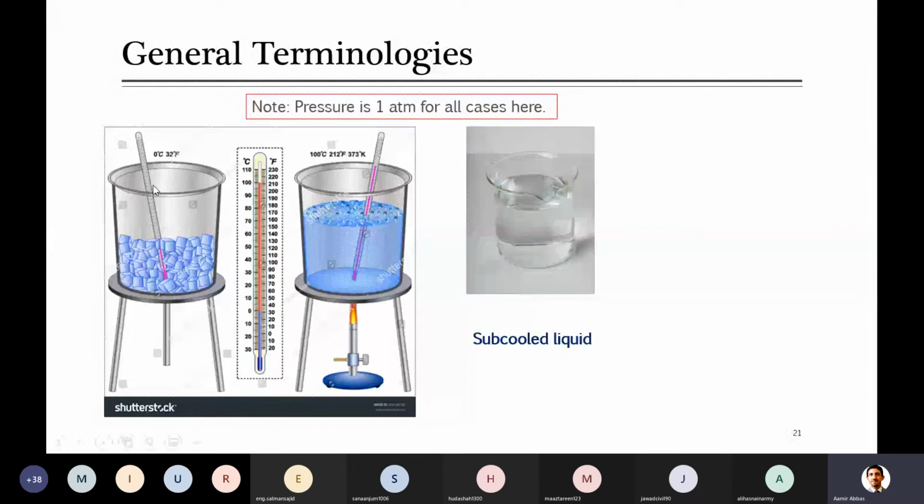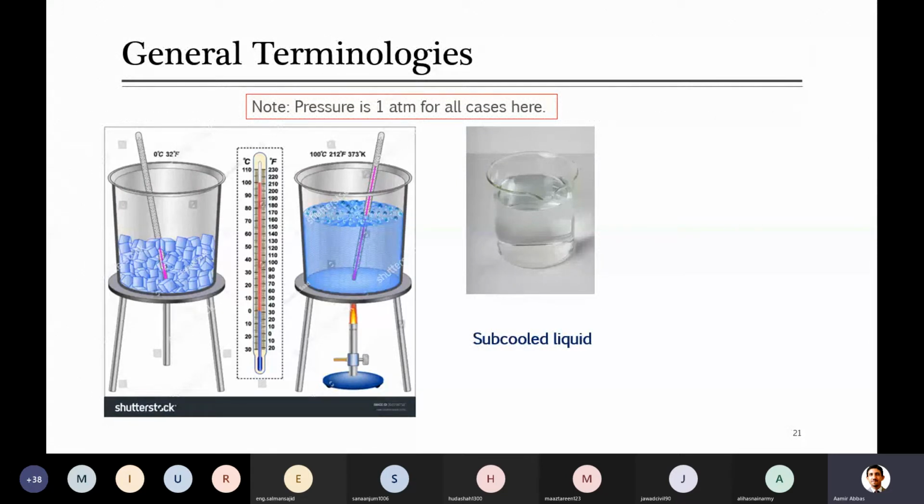Okay, look, I think you guys didn't study. So just look. The liquid which is available at a temperature and pressure lower than its saturation temperature and pressure, or I should say the liquid which is available at conditions lower than the saturation condition. So what are saturation conditions in this case of water?